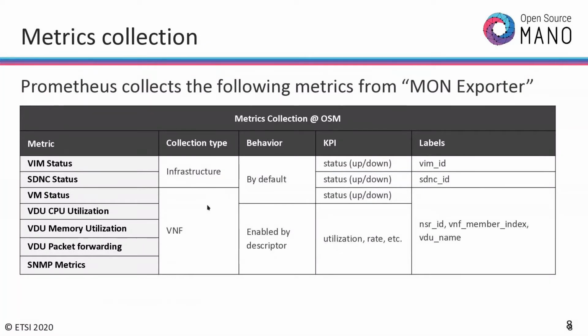Also, from the particular VNF, you can get the VM status, the CPU of the VM, the memory, the packets, and this is new just for OSM-8, the SNMP metrics, and we will work with a second demo, so you will get not only one demo here, you will get two demos. And all these metrics are stored in Prometheus.